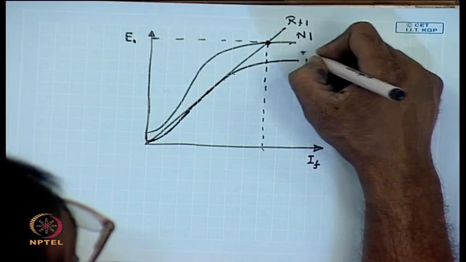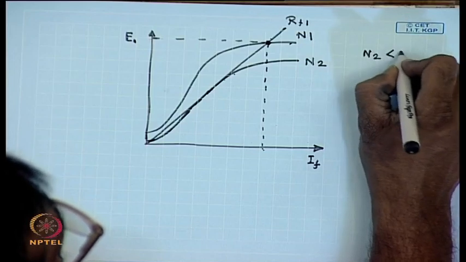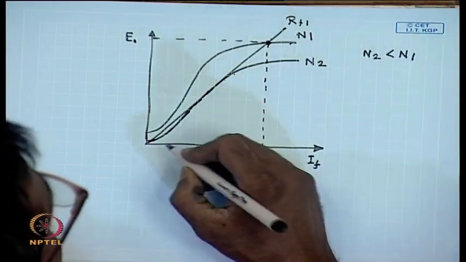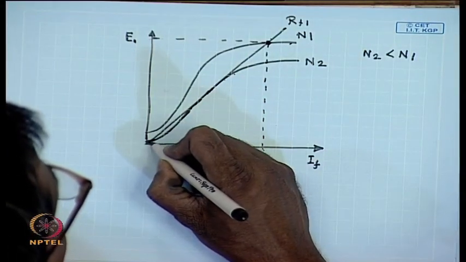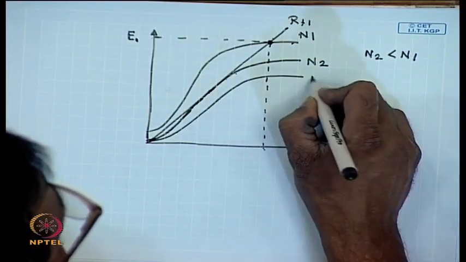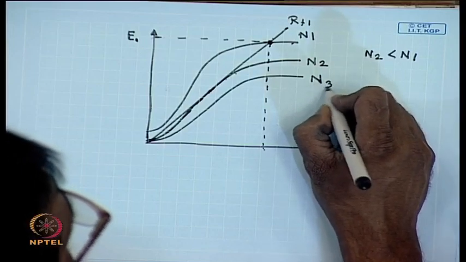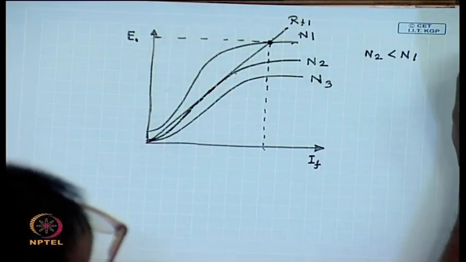Evidently, if the speed of the machine is further reduced, then with the same field circuit resistance RF1, the machine will fail to excite.